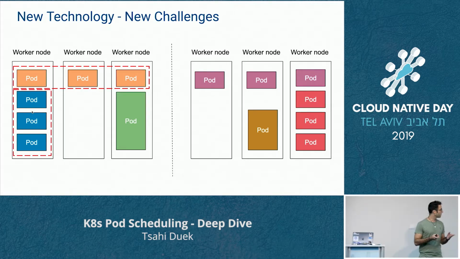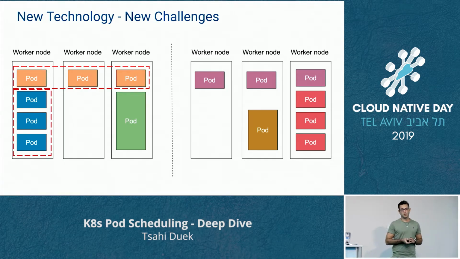The orange pods cannot tolerate a failure of a single AZ, which is not cool. So I will cover in the next slides how Kubernetes techniques are used to address these issues.